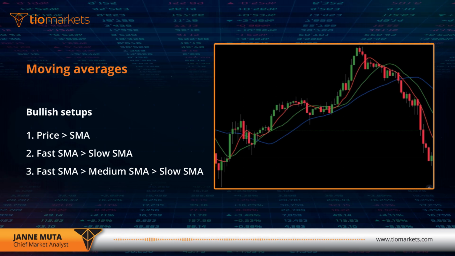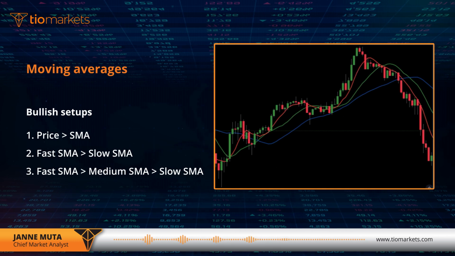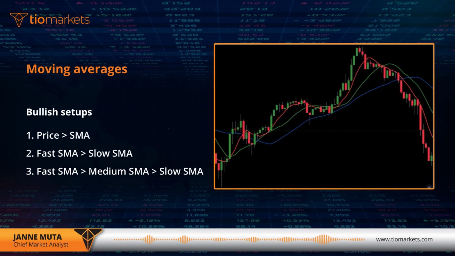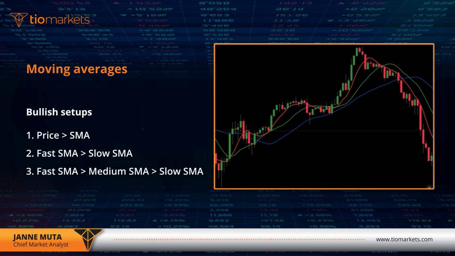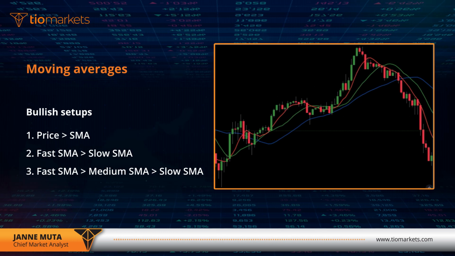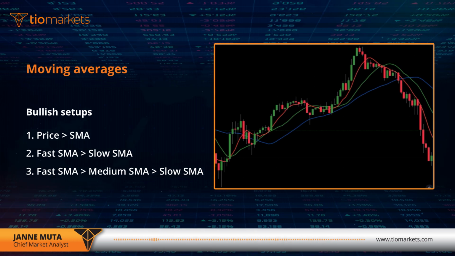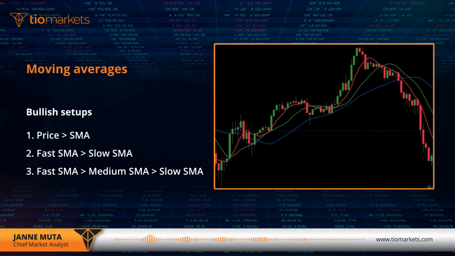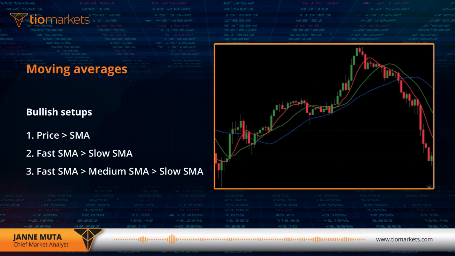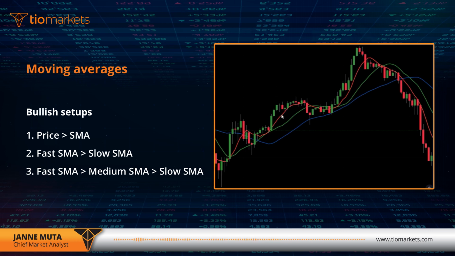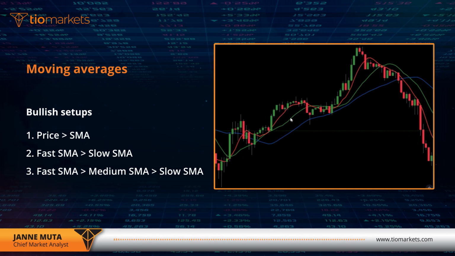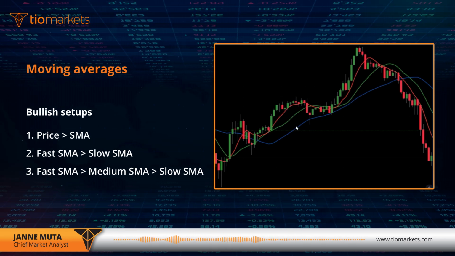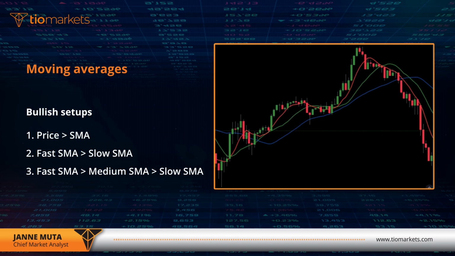And then if you want to have a system that is totally based on moving averages, then you say that I want to have the fast SMA above the slow. And if you want a little more precision, then there's this option of having three moving averages like I have here, the fast, the medium, and the slow. And if they are in this order, then the market is trending higher.